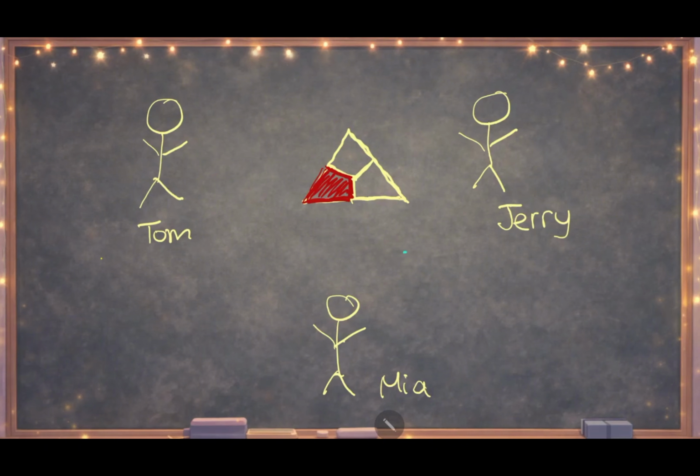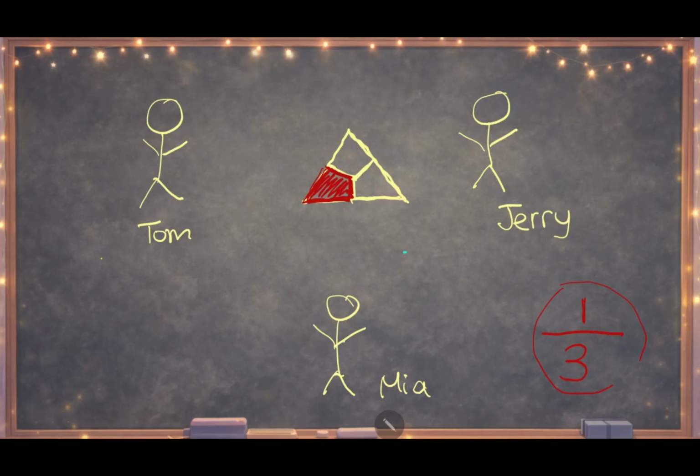So the denominator is going to be 3. Mia ate 1 piece out of 3, so the numerator is going to be 1. And we read this fraction as 1/3. So Mia ate 1/3 of the cake.